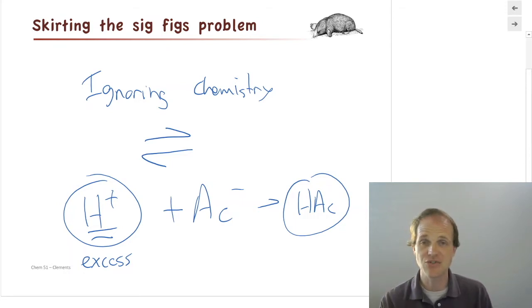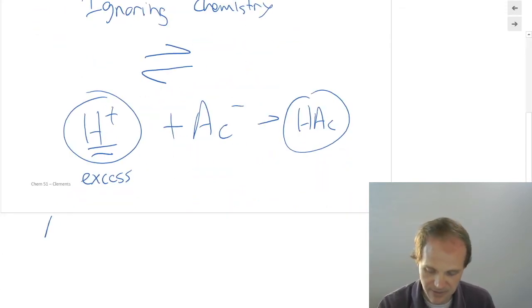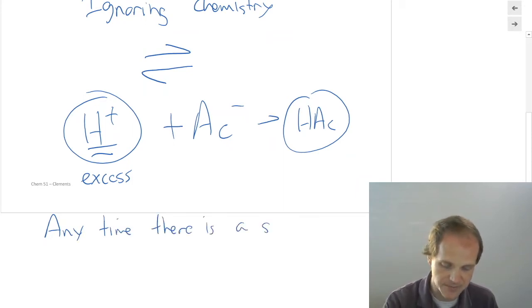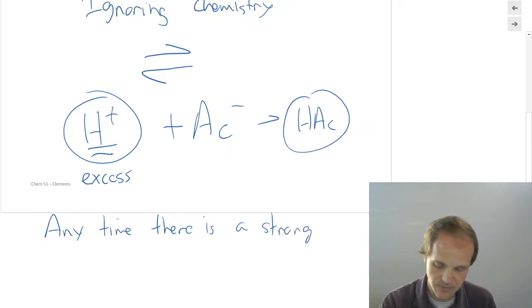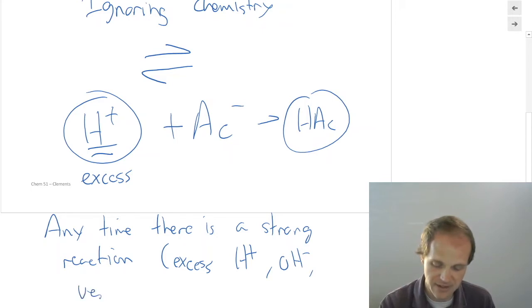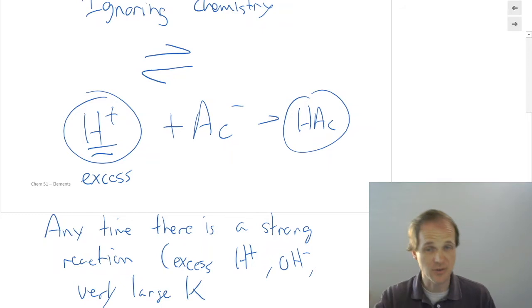Anytime there is a strong reaction, I'm going to write this down, anytime there is a strong reaction, right? And this is when you have excess H+ or OH-, or when you have a very large K, and you've got only reactants, right?